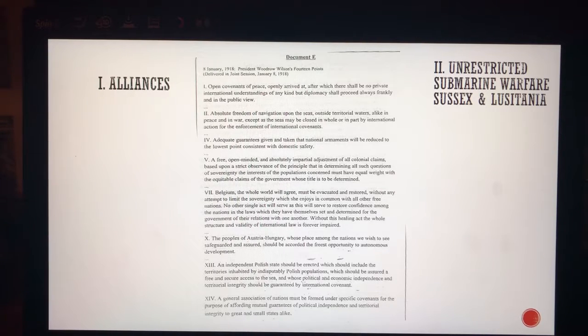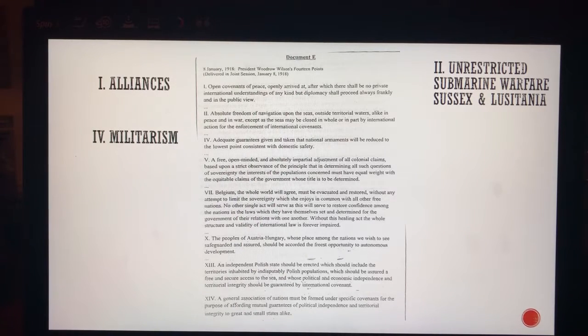Number 4, adequate guarantees given and taken that national armaments will be reduced to the lowest point consistent with domestic safety. He's looking at militarism, which was a cause of the war, saying let's limit our military and then there will be no war.